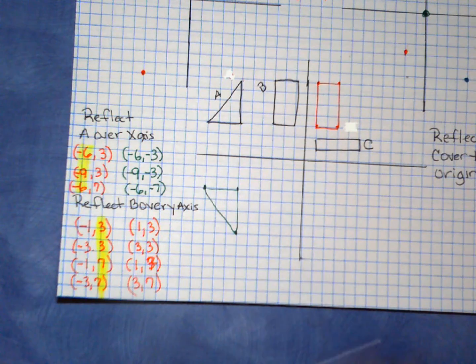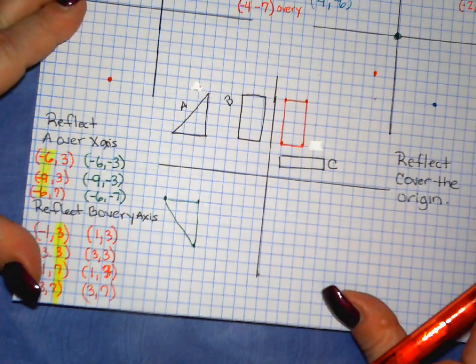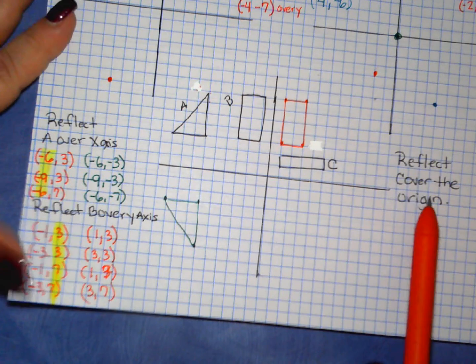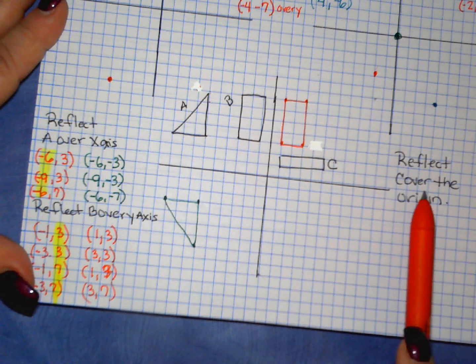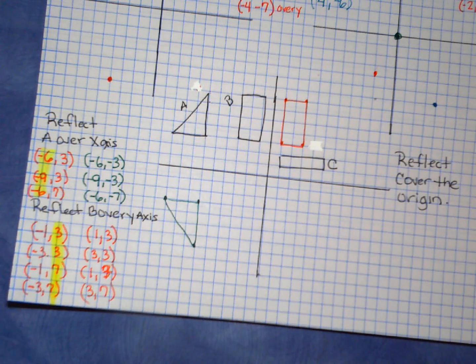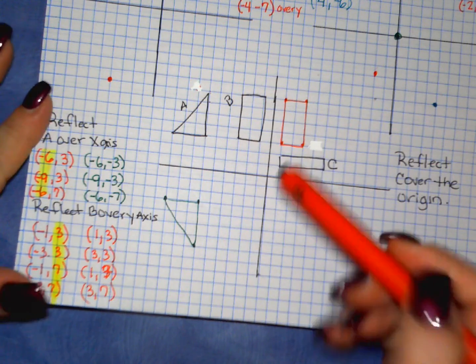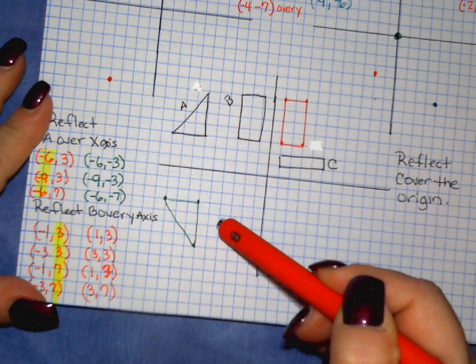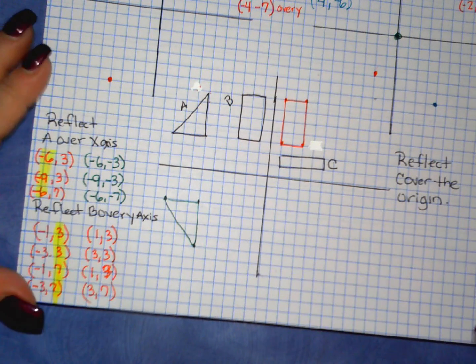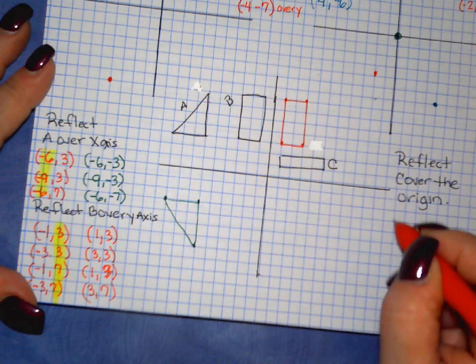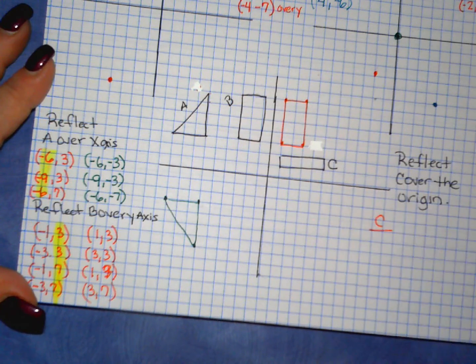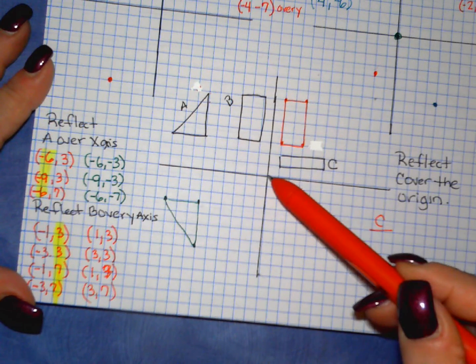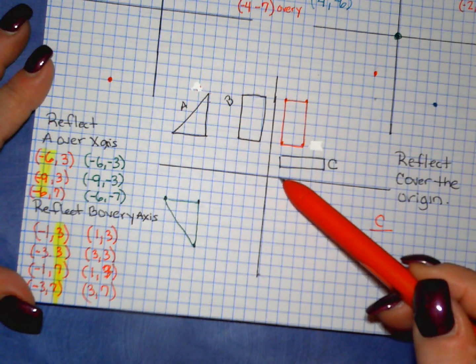All right, we've got one more. One more, we're going to practice one. This time we're going to reflect C over the origin. So remember, C over the origin is taking it diagonal. Okay? So first let's find out what C is. C is 1, 1.